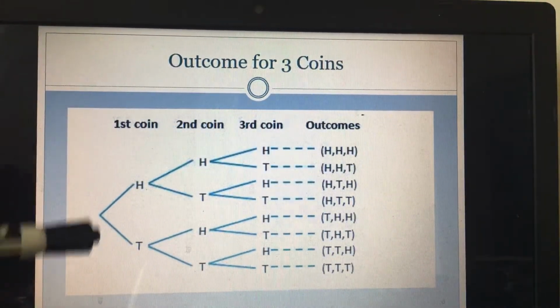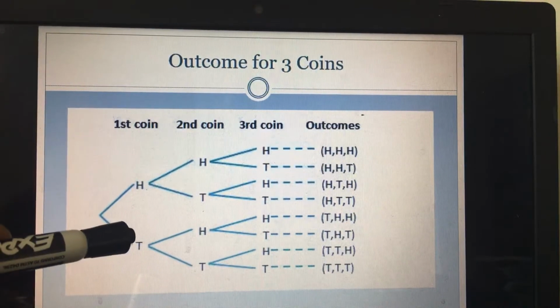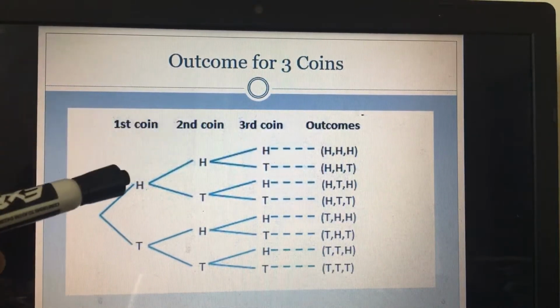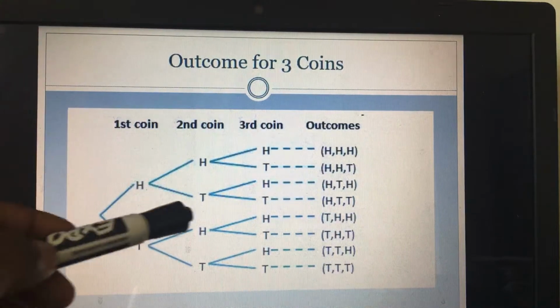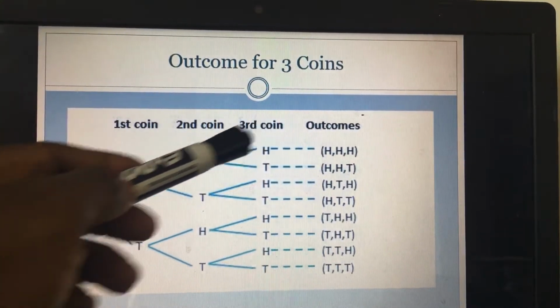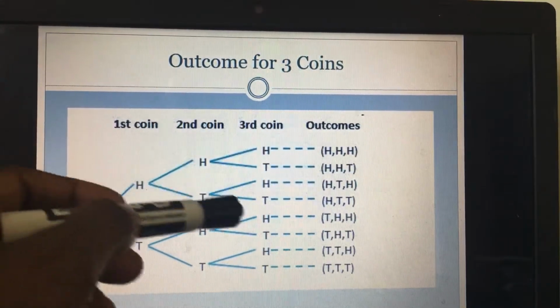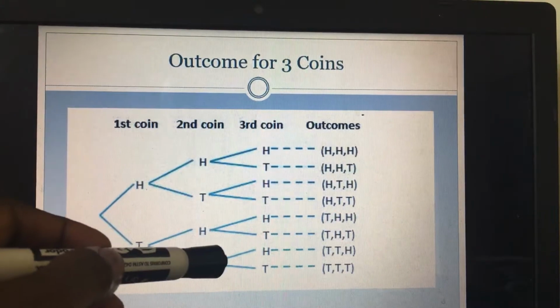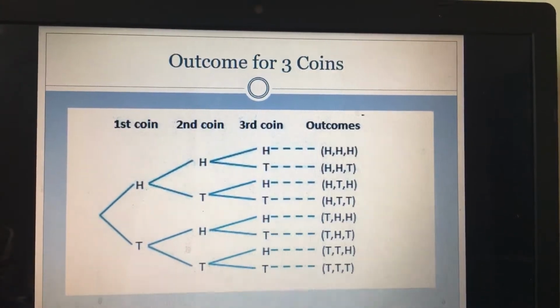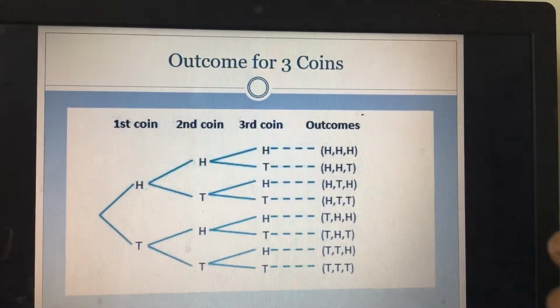So the first coin can have head and tail. Second coin, so from this particular head, we have head, tail, head, tail. The third coin, from this line, we have head, tail. So from the end of each of them, you have head and tail, head and tail, head and tail. Why? Because a coin has 2 outcomes: head showing up or tail showing up.